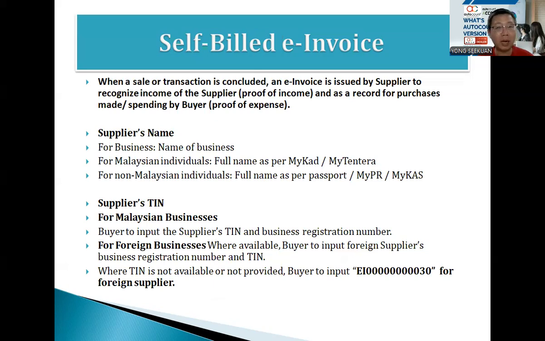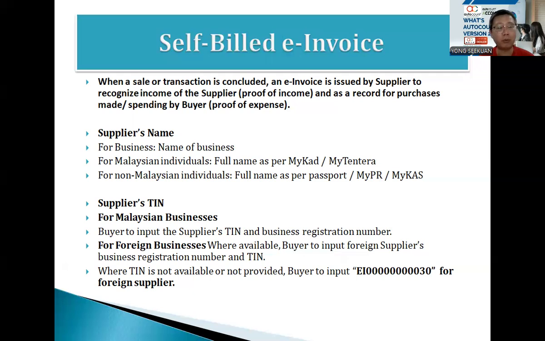It means in some scenarios you need to declare your income or your expenses to the LHDN. So for example, your supplier, for a Malaysian business, should be fine. But for a foreign supplier, they are not a Malaysian company, so you need to self-bill.